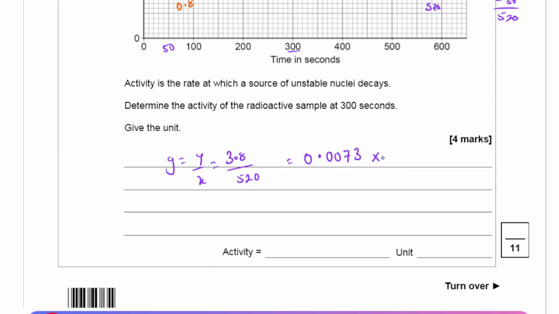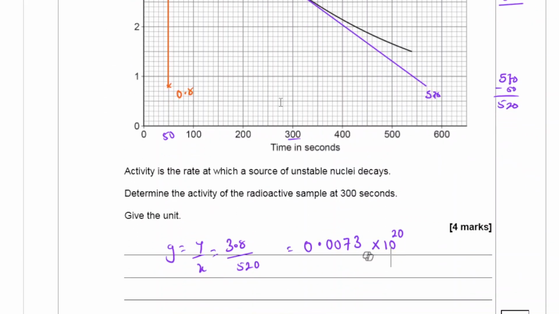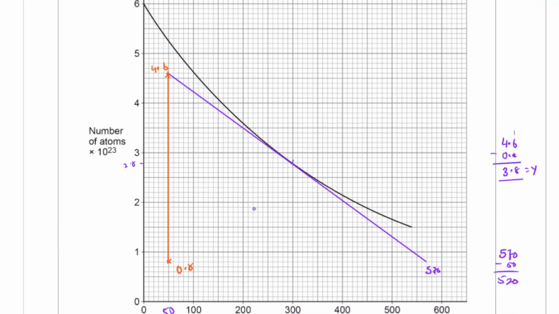0.0073 times 10 to the power 23. Now, the reason I'm writing times 10 to the power 23 is because the y-axis, the number of atoms, is 10 to the power 23.